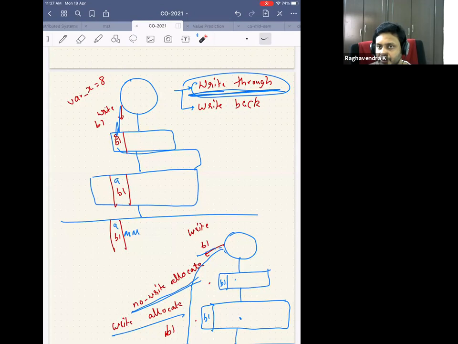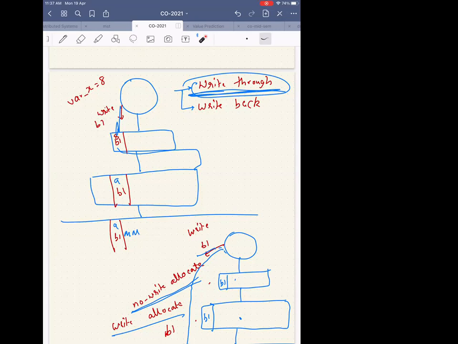Now somebody asked, write back is better. You know that there is write through and write back. Is there a chance that you will pick write through at any given point of time? In what case will you pick a write through cache? In case of a non-inclusive cache?